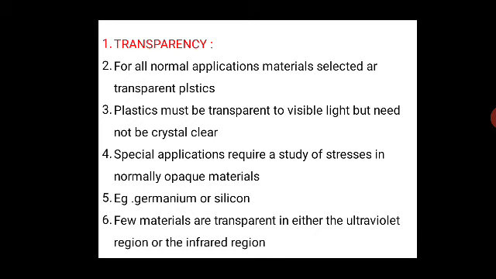In certain special applications which require a study of the stresses in normally opaque materials, which include germanium or silicon, an infrared polariscope has been used, and a few materials are transparent in either the ultraviolet region or infrared region of the radiant energy spectrum.